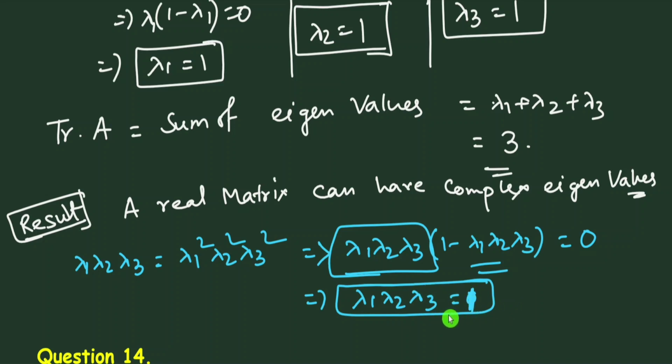Now we should think about the nth roots of unity. Why should we think about it? Since the product of roots is equal to unity, we should think about nth roots of unity.